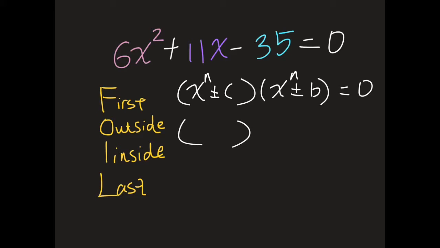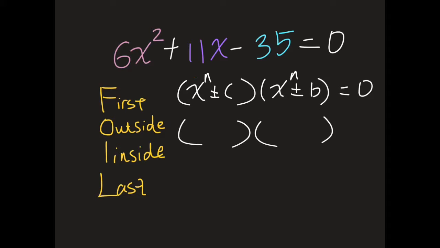So how? If you think about it, FOIL contains first, outside, inside, and last. You know that the first part is obviously this, because this is the only term that contains x to the second power.